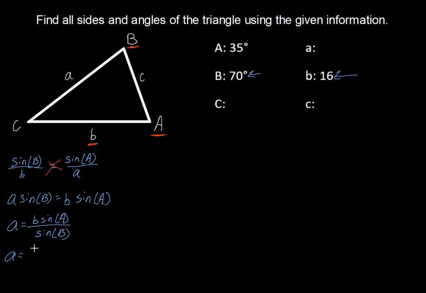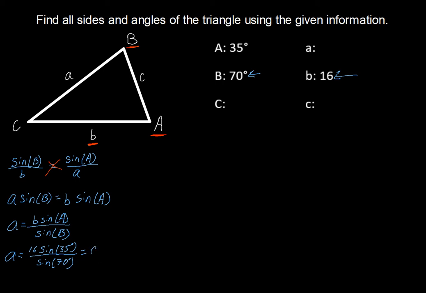A little bit of substitution and it's off to the calculator. So 16 times the sine of capital A, which is 35 degrees, divided by the sine of capital B, which is 70 degrees. Because I'm hitting those sine, cosine, tangent buttons, I need to make sure that my calculator is in the proper mode. In this case, the proper mode is degrees because that's 35 degrees and 70 degrees.